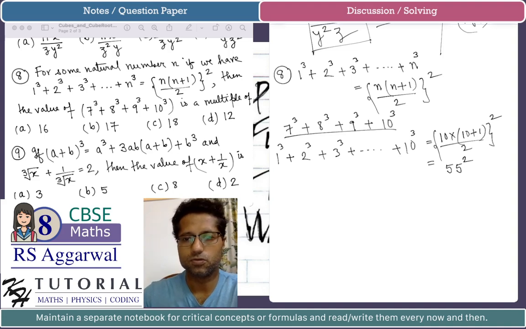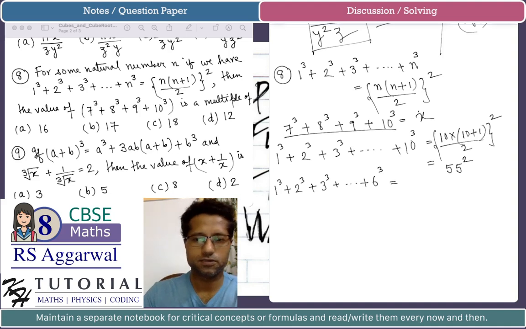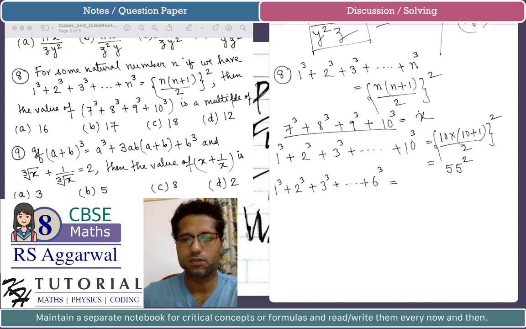Now we also know that, let's say the given expression, that is 7 cube plus 8 cube plus 9 cube plus 10 cube, be x. Now we also know that 1 cube plus 2 cube plus 3 cube up to plus 6 cube, that is the sum of the cubes of the first six natural numbers, will be equal to, as per the given formula, 6 into 6 plus 1 divided by 2, this whole square.